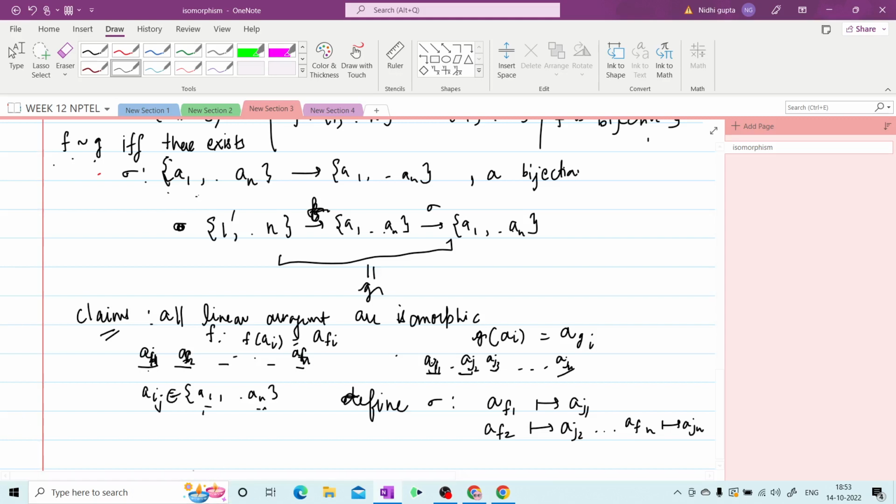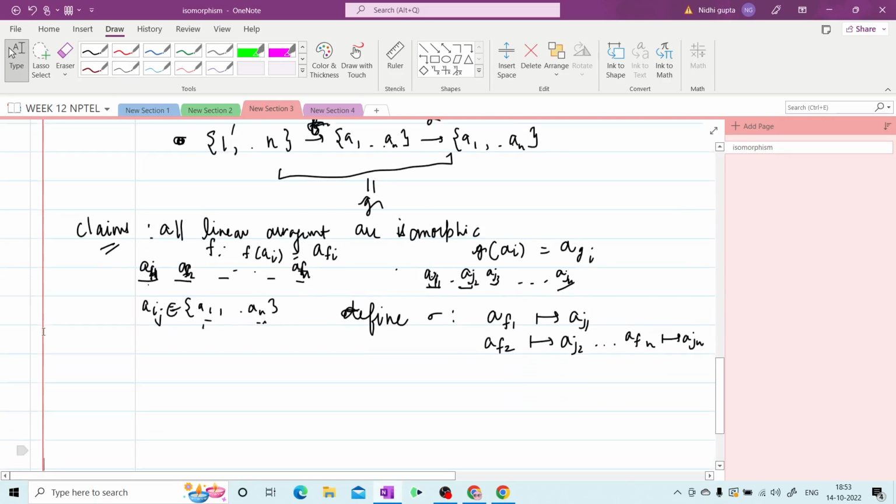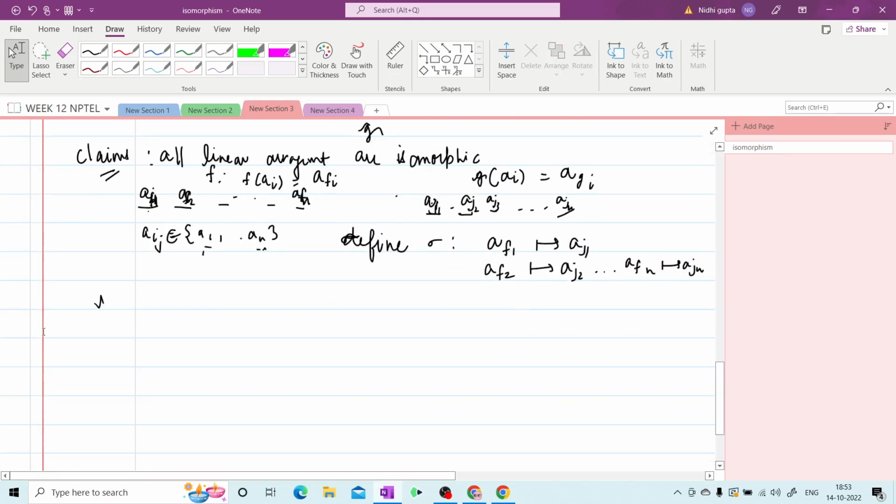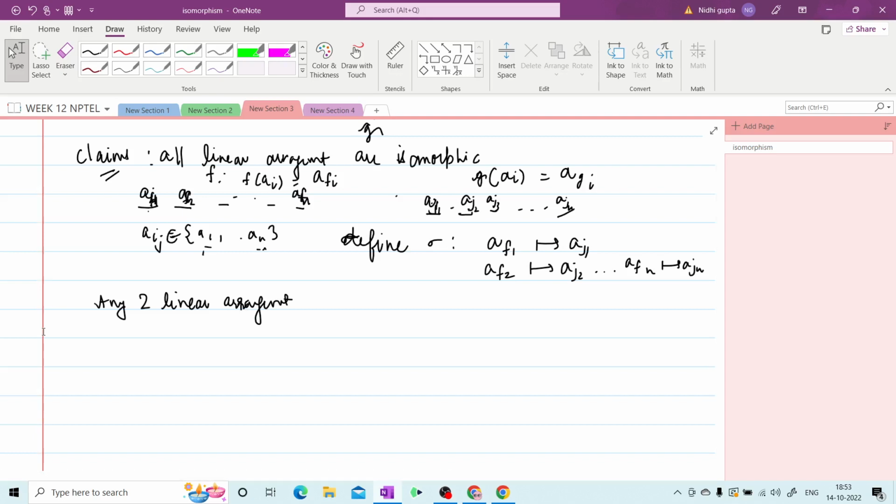So we have shown the claim: any two linear arrangements are equivalent.